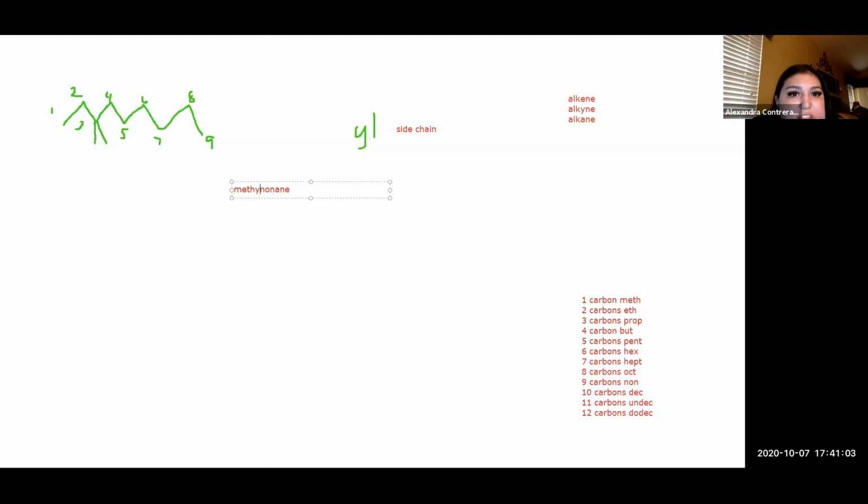Now I have two of them coming off of there, right? So because there's two methyls coming off, there's one, there's two, I call that 3-dimethyl nonane. Di means two. That's right. I see.